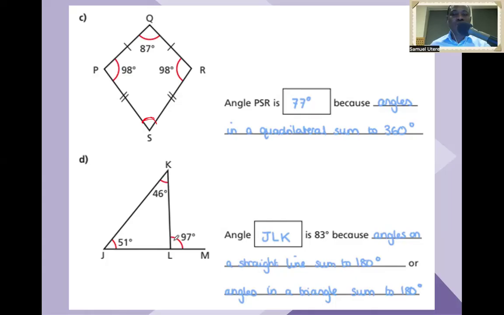So if we do 180 degrees minus 97, we'll get this angle here. Or you can do angles in a triangle sum to 180 degrees, because we can simply add these and subtract it from 180 degrees to get this angle.